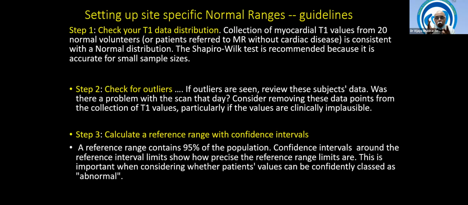If only 2 are abnormal, they are known as outliers. Take out the 2, take the remaining 18, then do 20 more healthy volunteers. Then again check with the external reference. In the second 20, that means 18 plus the second 20, if they are in cohesion with the external reference range, adopt this and start using it.